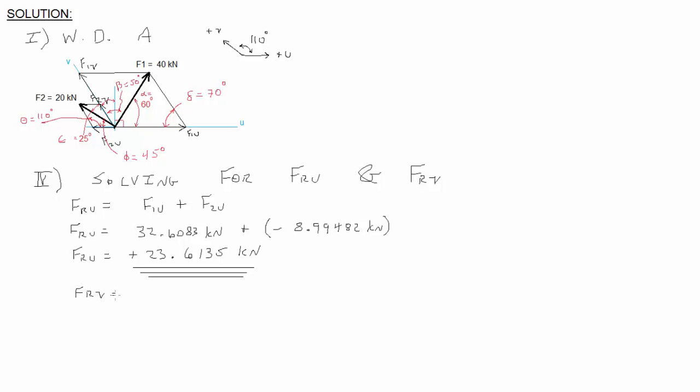Now next is FRv. FRv equals F1v plus F2v. FRv equals F1v was 36.8642 kilonewtons, a positive, and F2v was a positive 15.0497 kilonewtons.